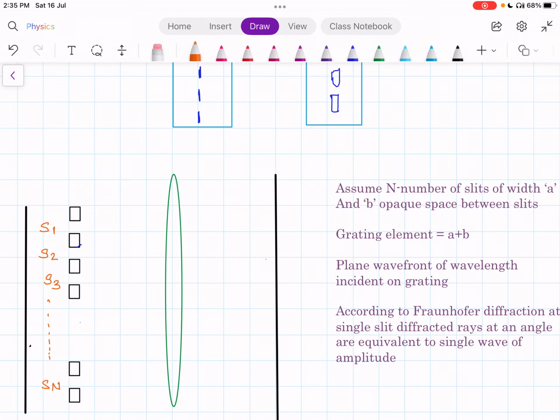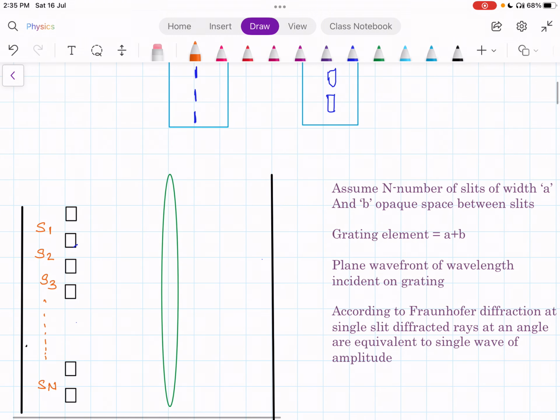These slits are parallel to each other and the width of each slit is equal to a. All these slits are of equal width, which is a. And there is a space between two slits, and the width of that space is b, small b. Then the grating element is equal to a plus b. Generally, it is denoted by the letter d.